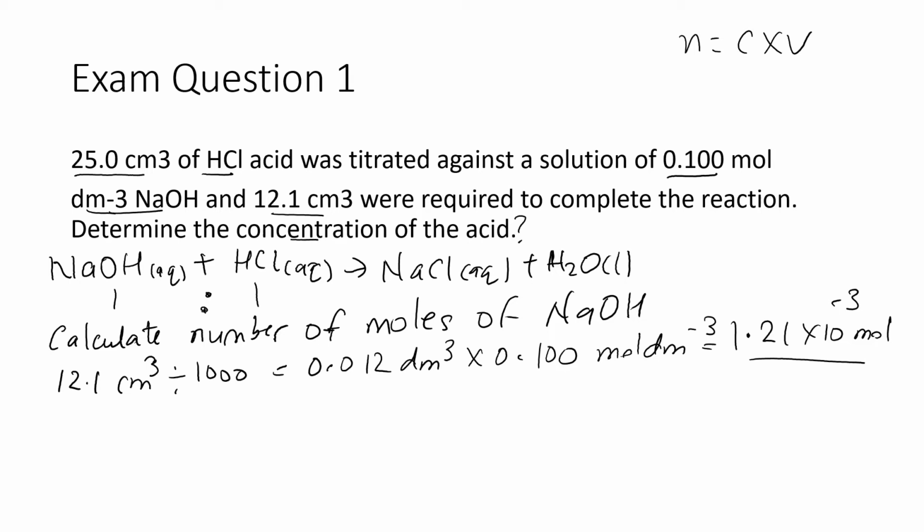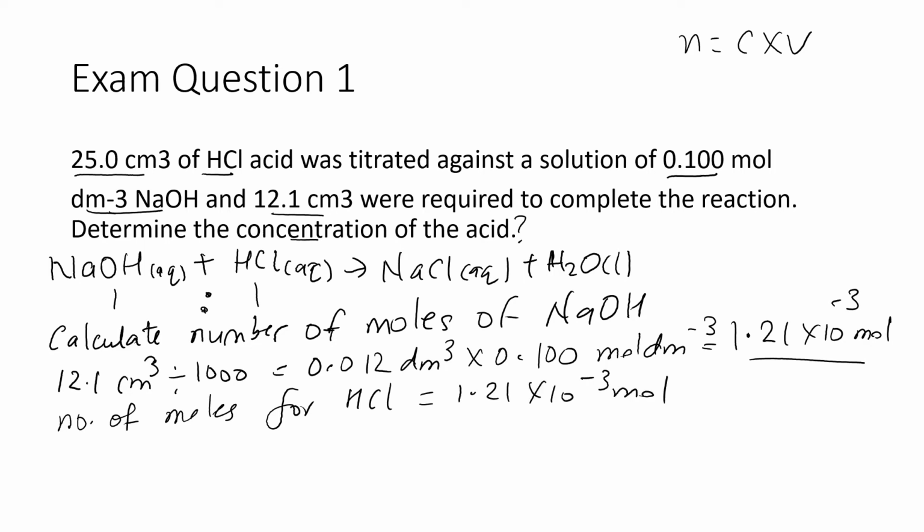If I do that, then this time we're going to look at number of moles. I should write down moles for HCl. We're going to assume it's also 1.21 times 10 to the minus 3 moles.